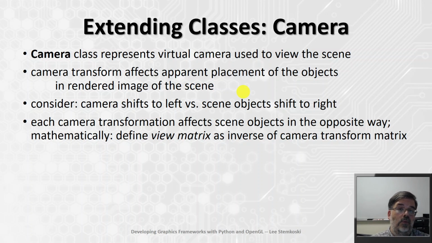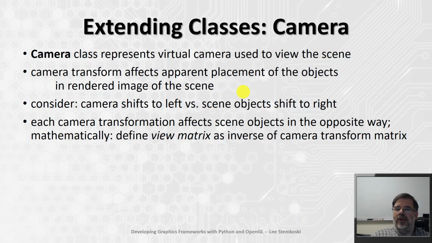Right? So when we talked about creating a projection matrix in a previous video, we assumed that the camera was located at the origin and looked down along the negative z-axis. The camera class is going to enable us to put the viewer at any point, not just the origin, and look in any direction, not just along the negative z-axis.